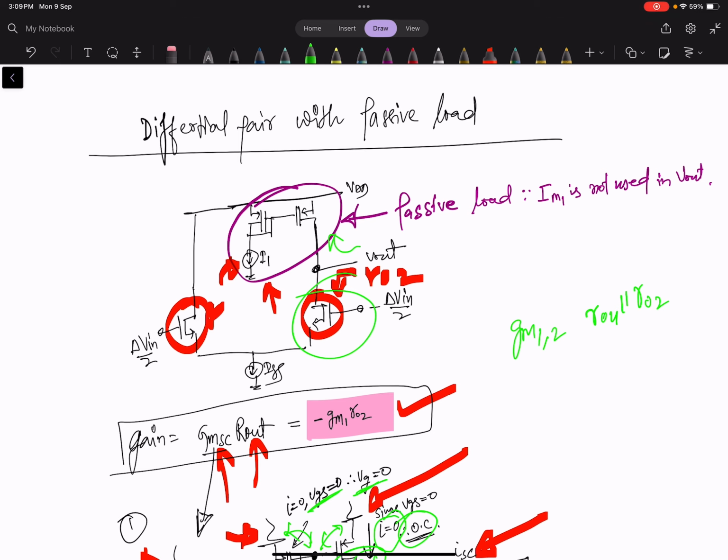But we can't write it directly here, because from the calculation of the resistance we got that the equivalent resistance R is r_o2. Otherwise, this is the simpler way to write the equation. Let me write it again: if you don't go to the derivation part, simply the gain will be defined by gm of 1 and 2 and the resistance seen at this point downward, so that will be r_o2. So this is the gain.